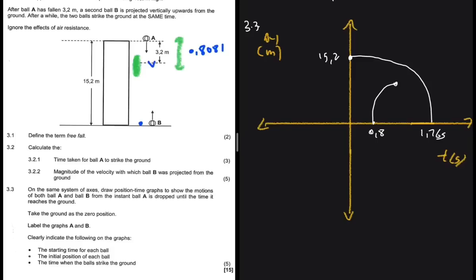But then they strike the ground at the same time. So I think we should have something like this. I wonder what you guys did. Can you please let me know in the comments if we have the same position-time graph?